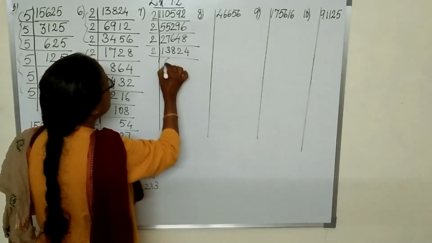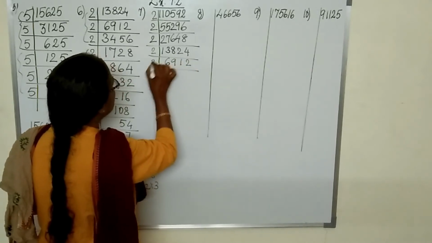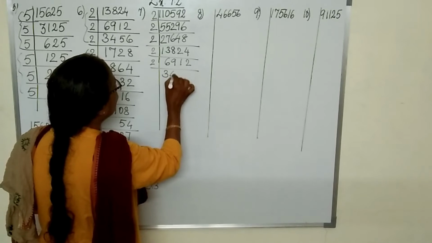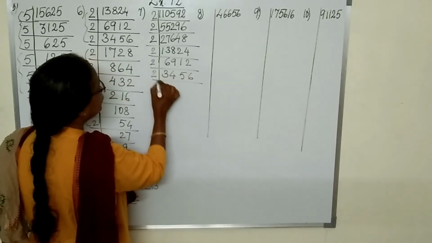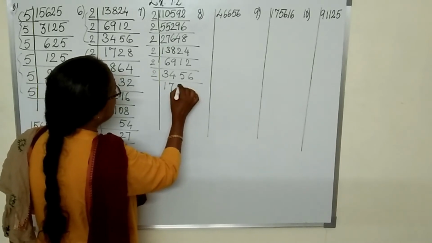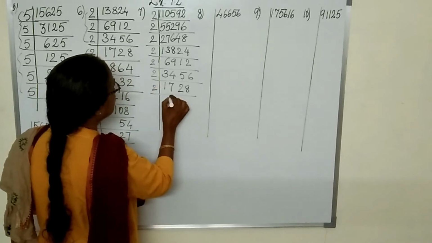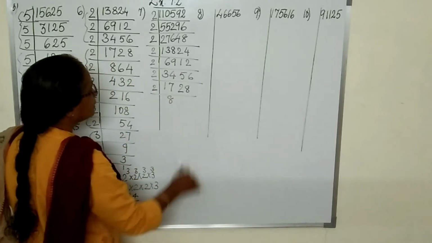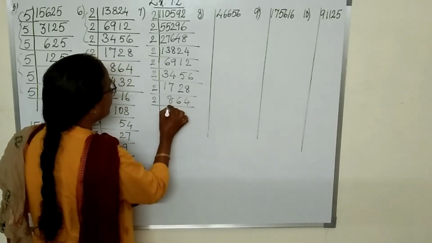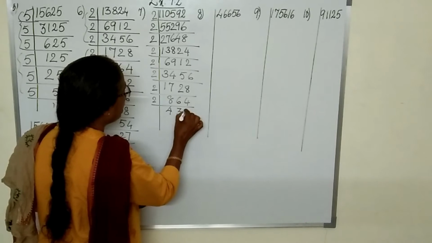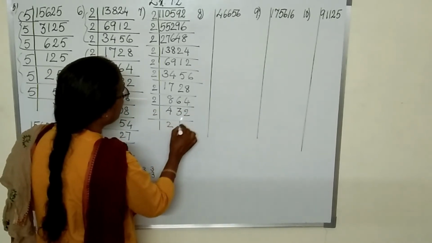Again by 2, 6, 9, 1, 2. Again by 2, 1, 7, 2, 8. 2, 8, 6, 4. By 2, 4, 3, 2. 2, 1, 6.